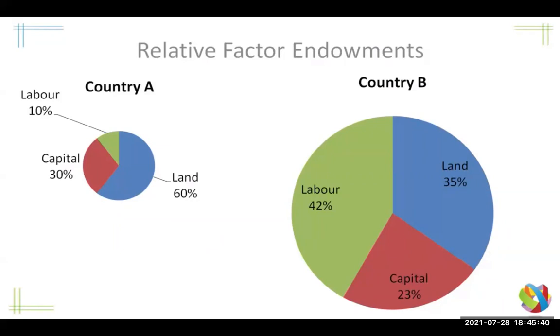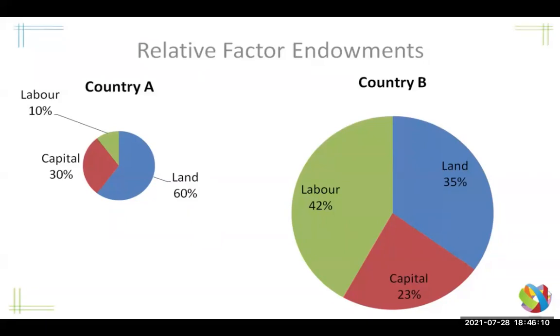So what did Heckscher and Ohlin say about this? They posited the idea that countries with a relative abundance of a particular factor of production would export products that used that factor to produce goods. So looking at these, A has 60% of its factors of production as land, whereas B, it's only 35%.